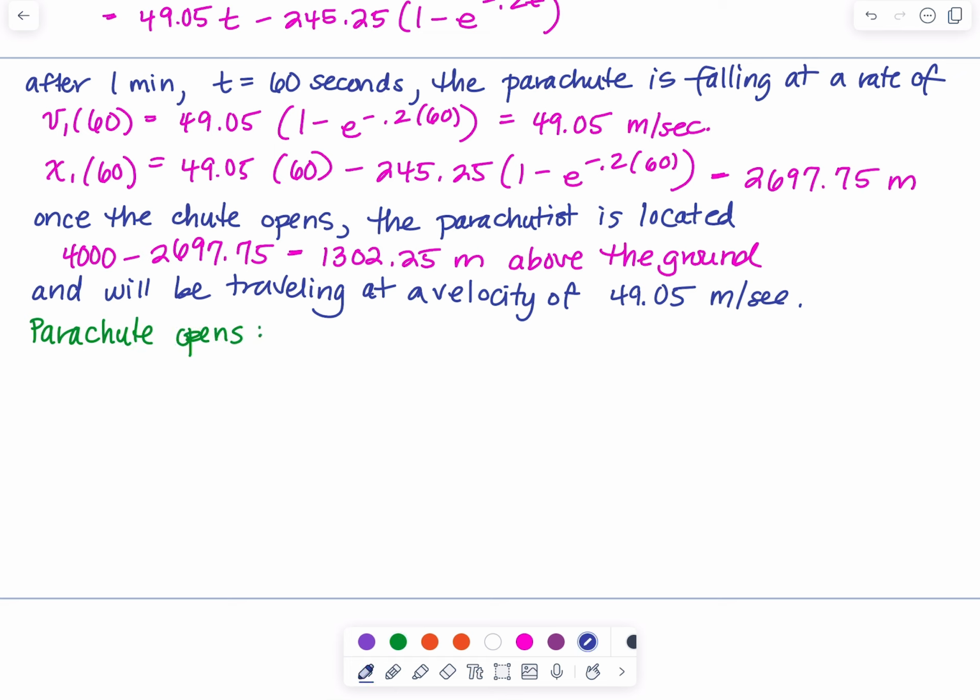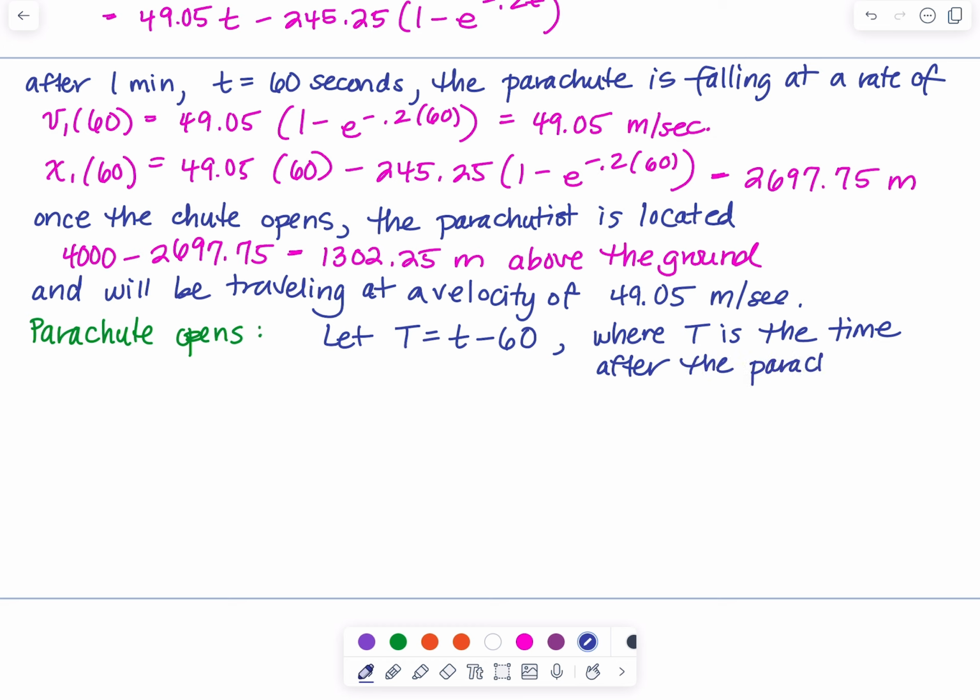Okay, so the first way we're going to do is we're going to let capital T equal t minus 60. And the capital T is the time after the parachute opens.